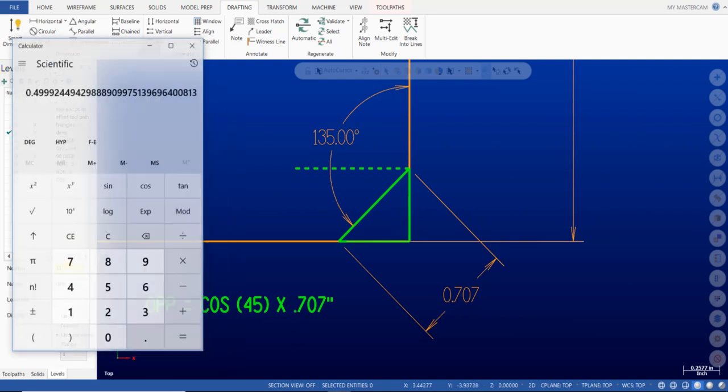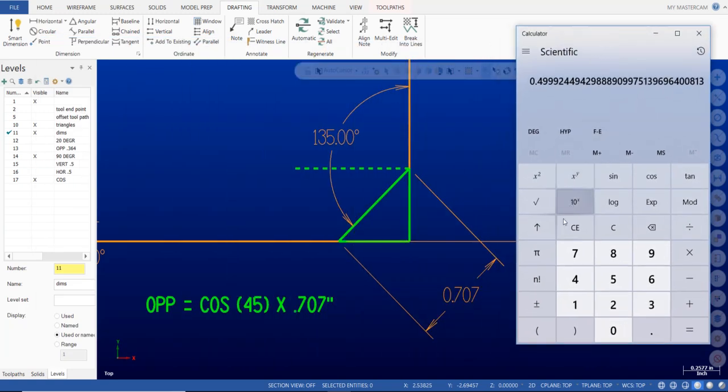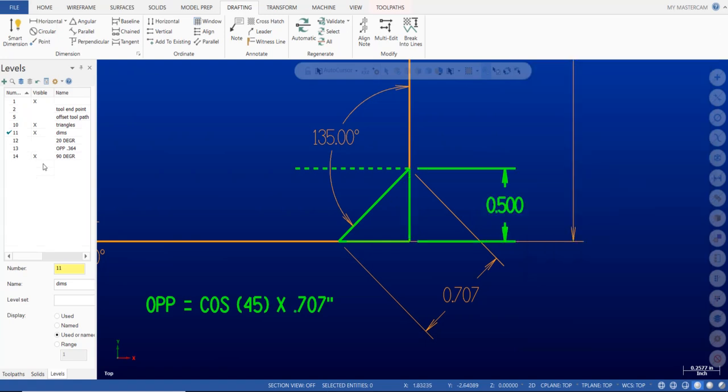So let's bring up the calculator. Let me drag it over here. So we clear this, and then we take 45 degrees, we select cosine, we multiply times .707, that equals .4999, so rounded up by 1/10 again, we know that we have a half an inch. So if that leg is 500 thousandths or a half inch, then the horizontal leg will also be a half an inch.